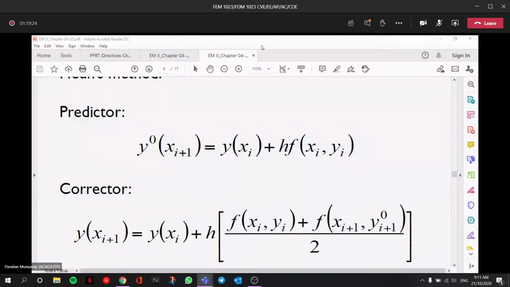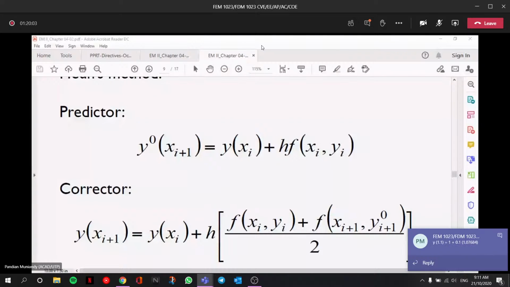So you have y at 1.1 equals to 1 plus 0.1 multiplied by 1.07684. Five decimal number.